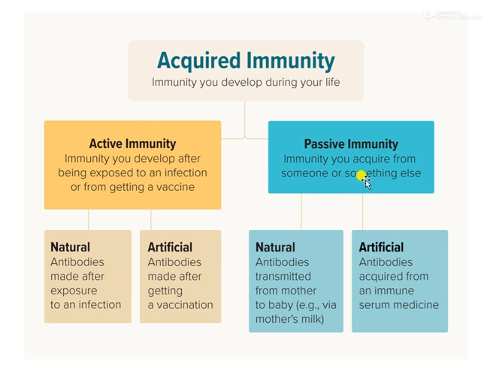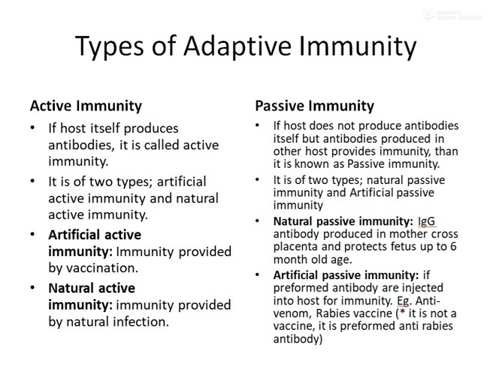These antibodies might be developed actively in a person by exposure to an antigen, or you can obtain them from natural means, as in the mother-to-baby transfer, or by artificial means when you give serum therapy. So active immunity and passive immunity are two different types of immunities, and each can be either artificial or natural.